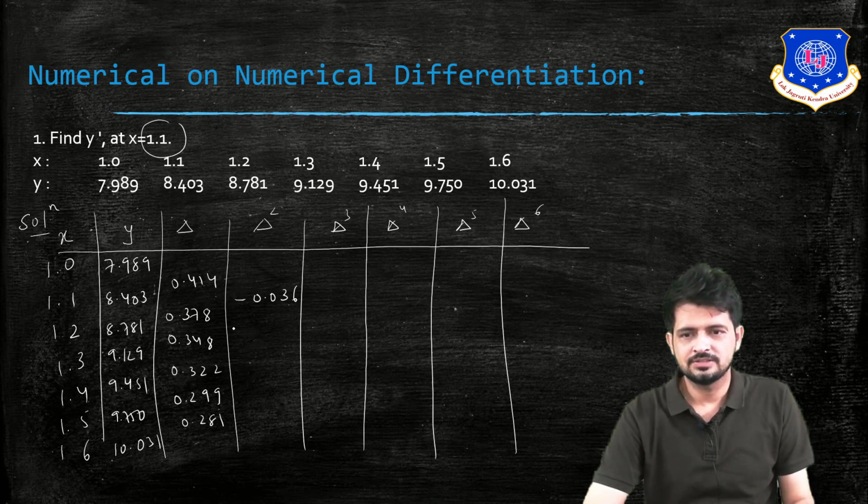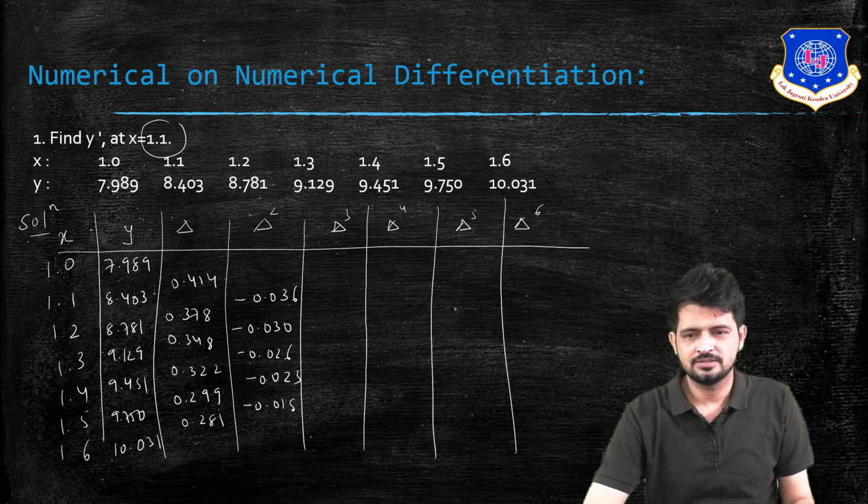Again find the difference right here. Minus 0.036, minus 0.030, minus 0.026, minus 0.023, minus 0.018. Okay, then again take the difference. In the third difference it will be 0.006, 0.004, okay, again 0.004, and the last will be 0.005.